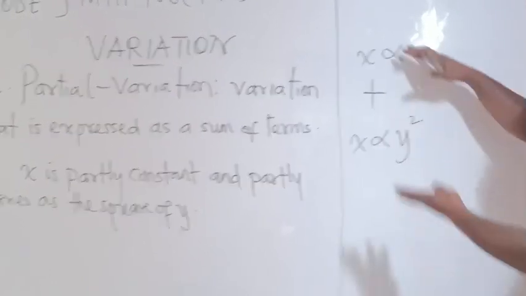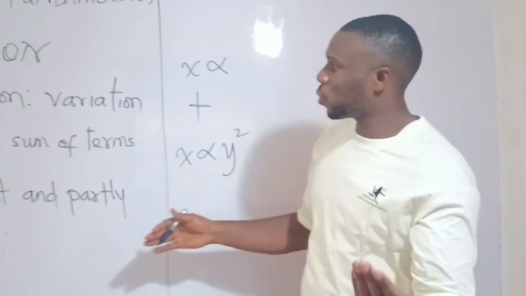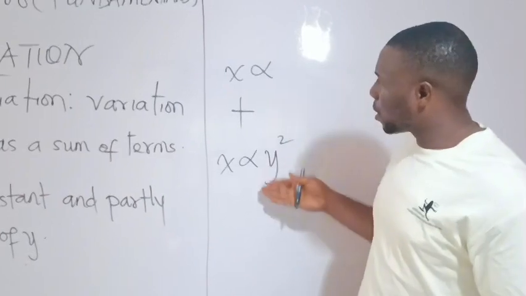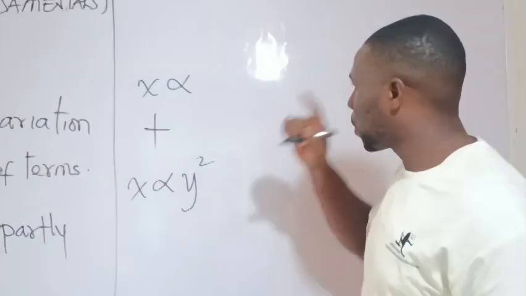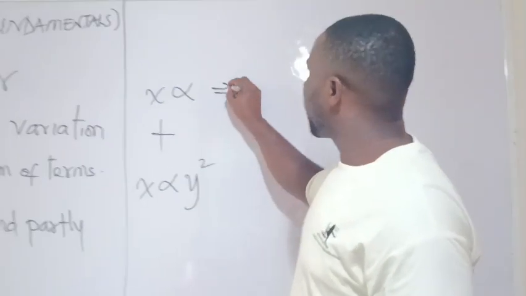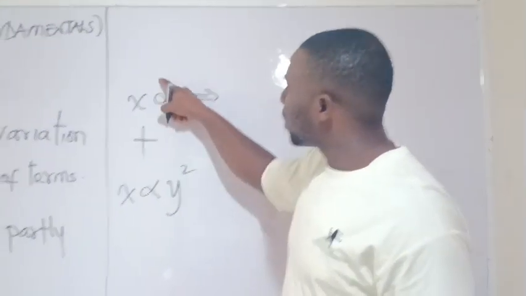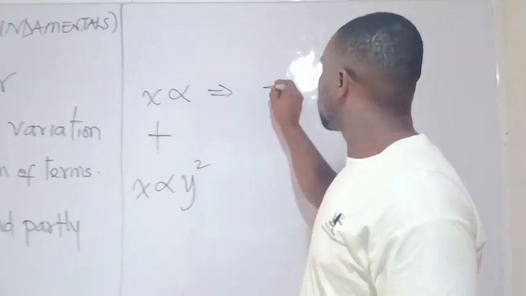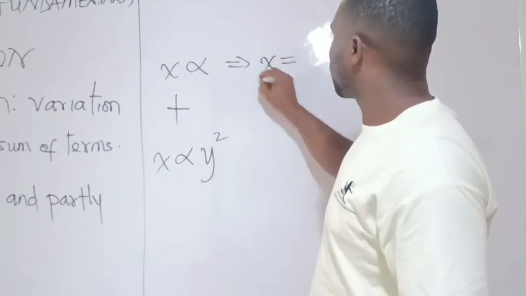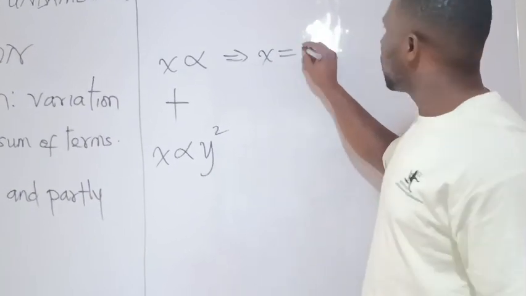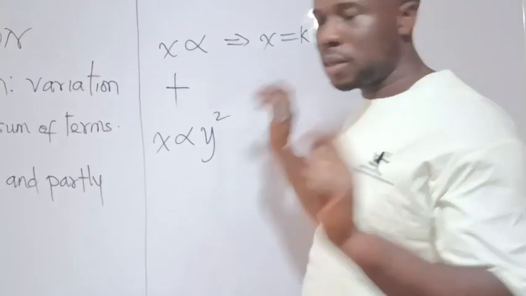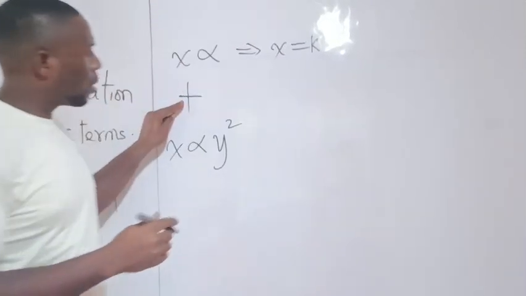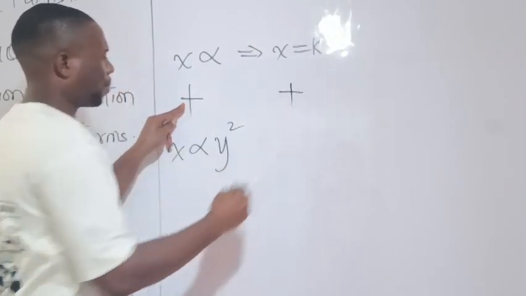So how do I put this together in such a way that I could express this as a sum of terms? This would imply that I could stick in an equals sign, and I have an x on the left, followed by a constant of proportionality, and I could just use k for my convenience for now. Then there goes the plus, the and.